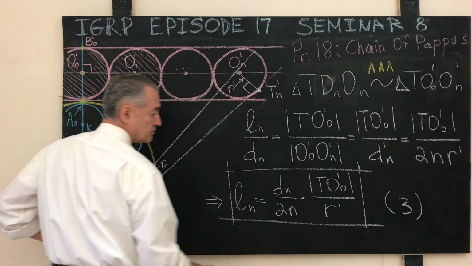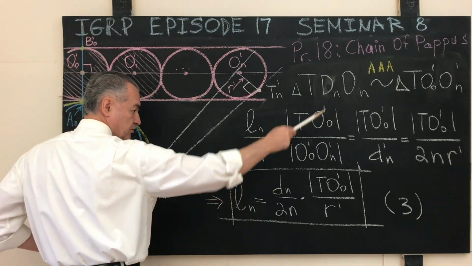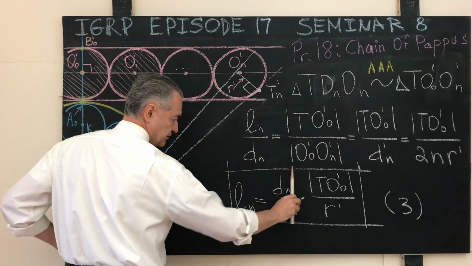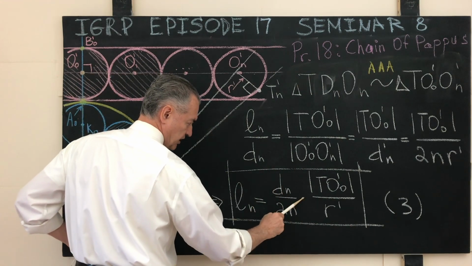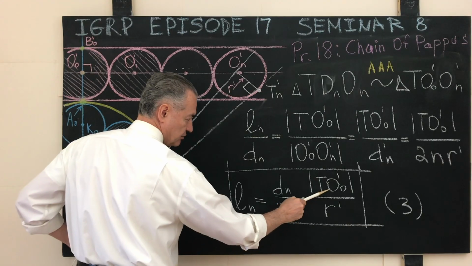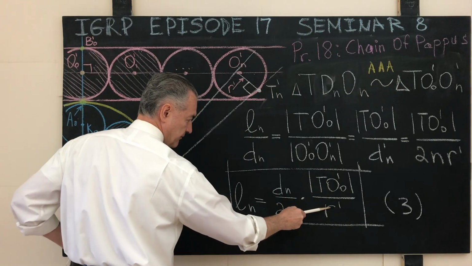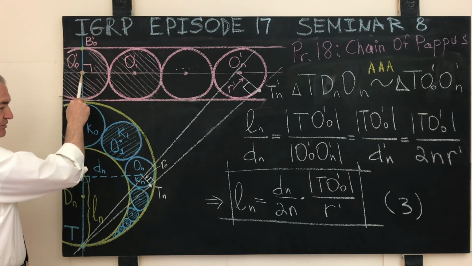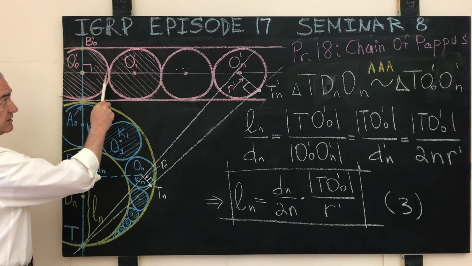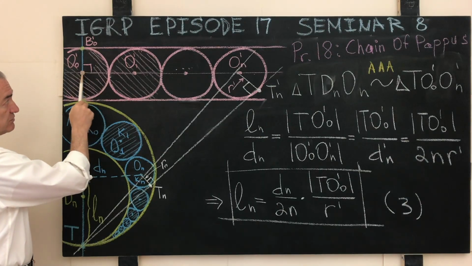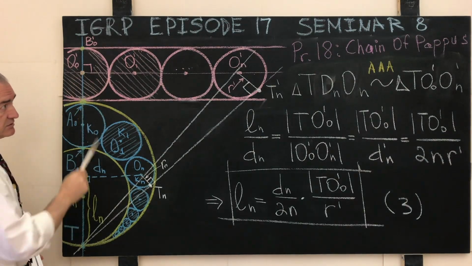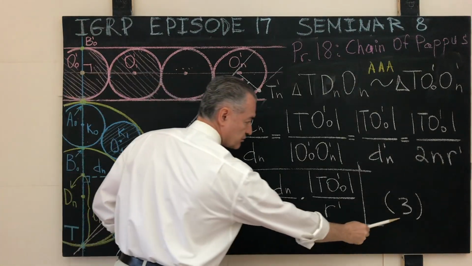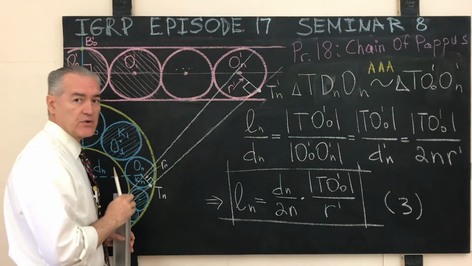From this ratio, dn goes into the numerator, 2n in the denominator. This is in some sense one relation times the distance t o prime 0 divided by r prime, the radius of actually any inverted circle. We will refer to this relation as the relation number 3.